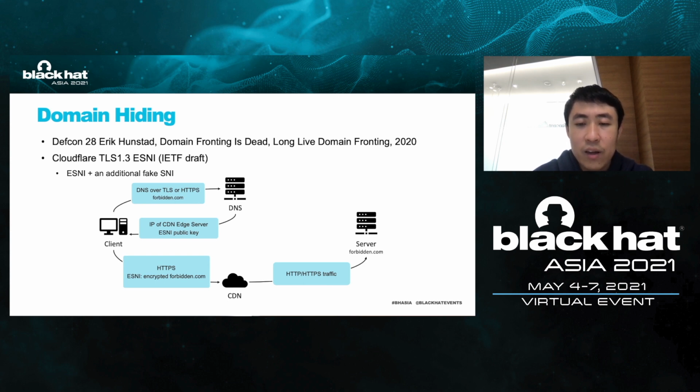An attacker can append a fake SNI to fool the firewall. This works because most firewalls do not support ESNI, and Cloudflare allows the existence of both SNI and ESNI.